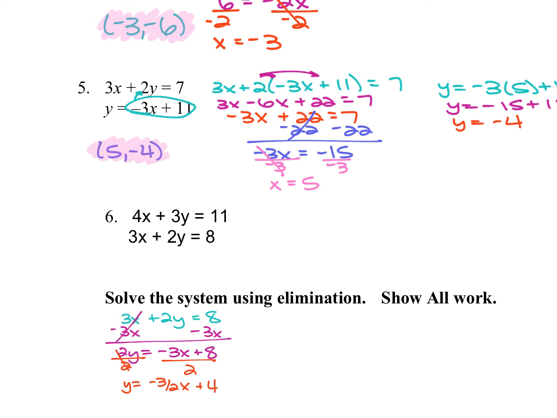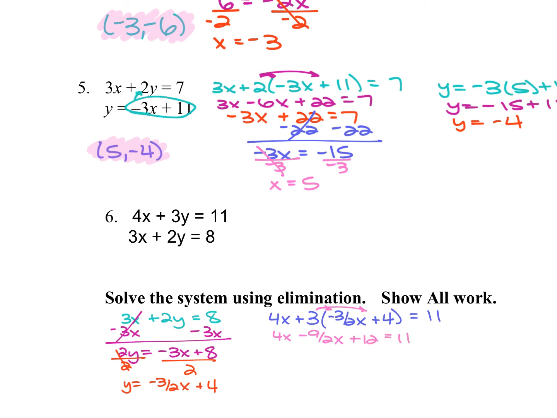If I use this and plug it into the top equation, it's going to give us 4x plus 3 times negative 3 over 2x plus 4 is equal to 11. We can distribute the 3 in, so that gives us 4x plus negative 9 over 2x, so minus 9 over 2x plus 12 is equal to 11.